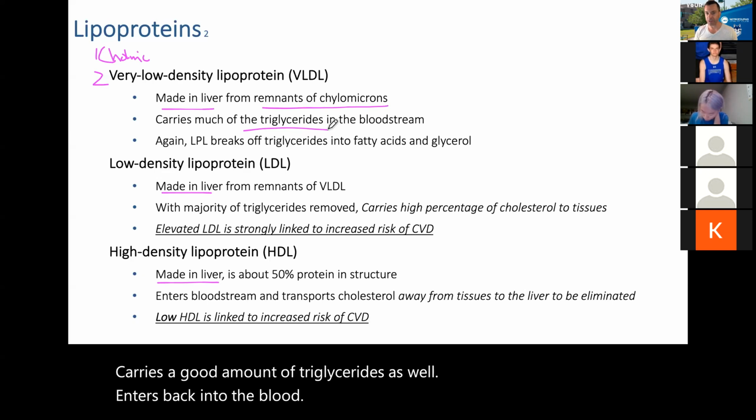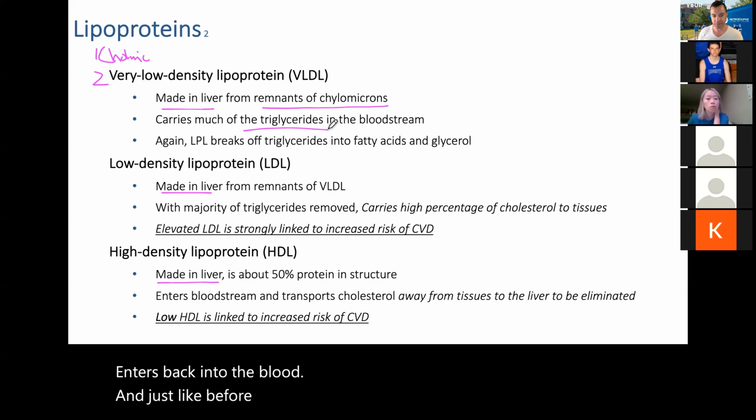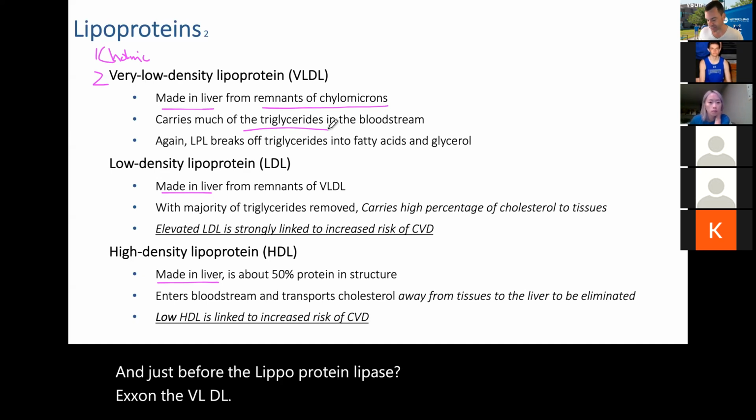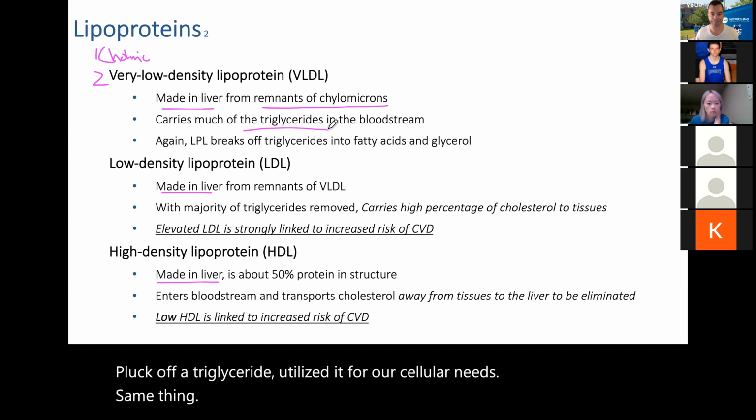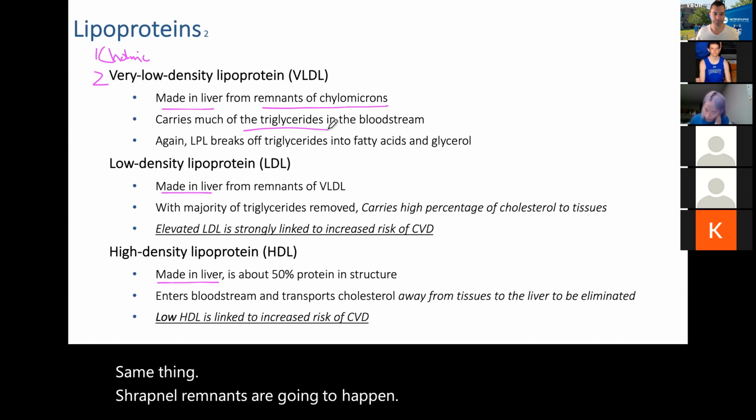And just like before, lipoprotein lipase acts on the VLDL, docks to the cell, enzymatic activity, plucks off a triglyceride, and we utilize it for our cellular needs. Same thing. Shrapnel remnants are going to happen.